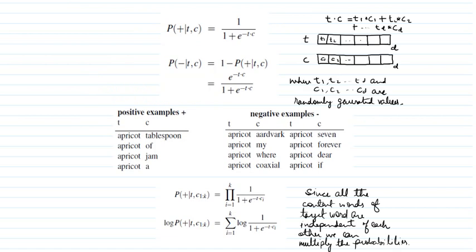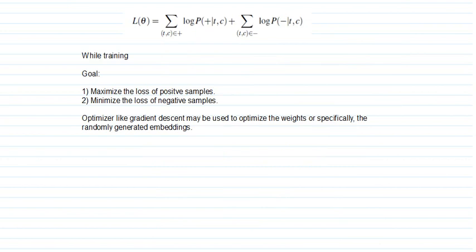Here the T vector and the C vector are the embeddings, and these were initially randomly generated. Now, gradually and slowly, with the help of an optimizer like gradient descent, these will be converted into the actual embeddings. These embeddings will be treated as the word embeddings that we require, right? This will be done for all the words and for all the contexts.